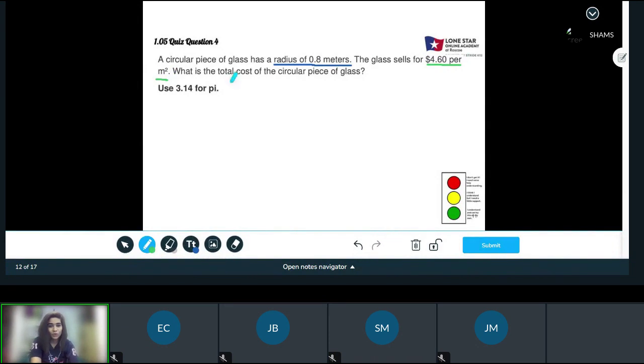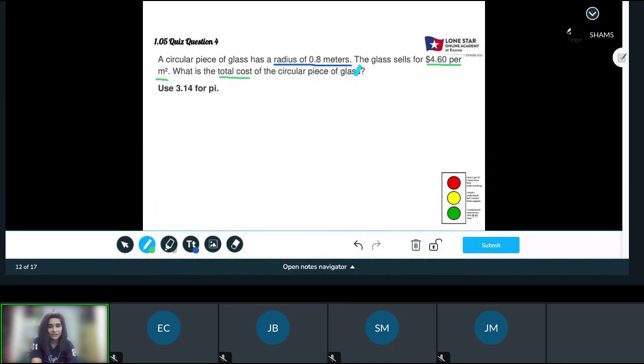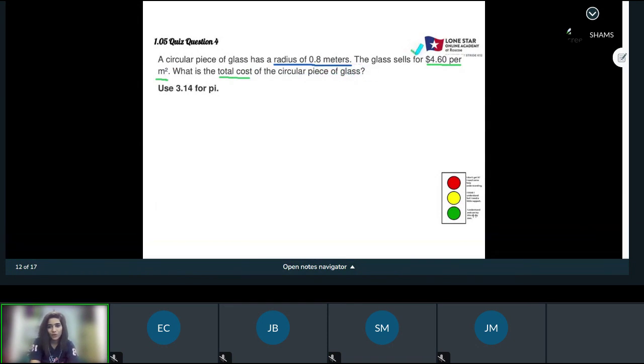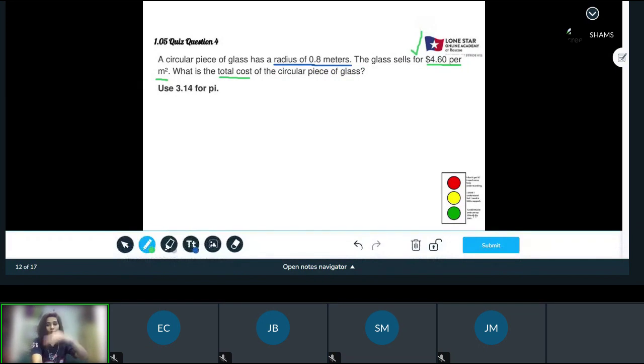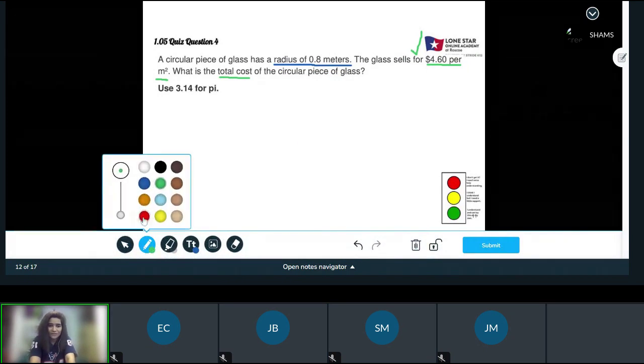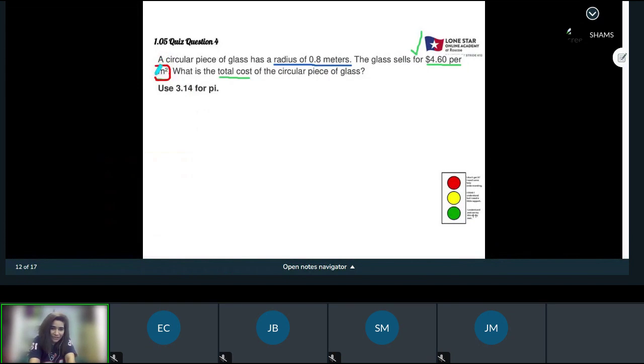You want to find the total cost of the circular piece of glass, right? You just know the cost of 1 square meter. You want to find the total cost of the circular piece. For that, you need to know how big is the piece. You need to know the area. Whenever they use the square symbol, they refer to area.